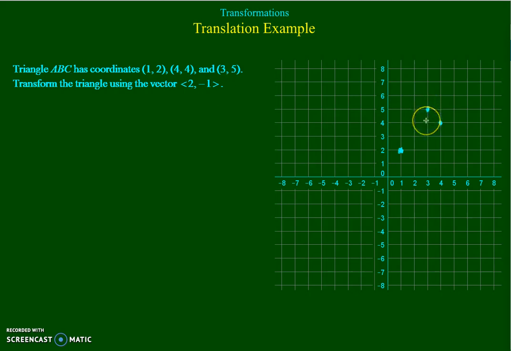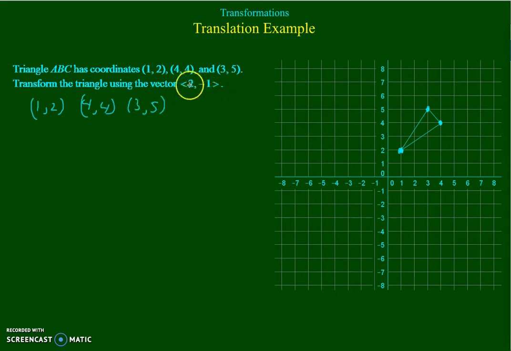Now, let's go ahead and draw our triangle real quick. Here's the triangle, and we need to use this vector to translate it. So let's go ahead and rewrite the points and do our calculation here. We have point 1, 2, 4, 4, and 3, 5.